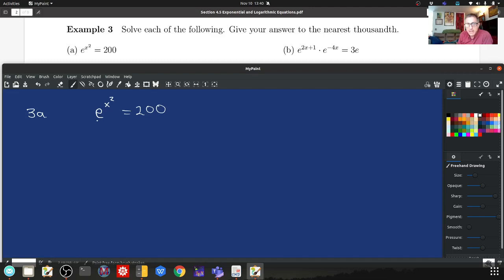But in this case, since the base on the left-hand side is e, we want to use not any logarithm, but the natural log. If it were base 10, we would use log to the base 10. If it were 3, we would use log to the base 3.